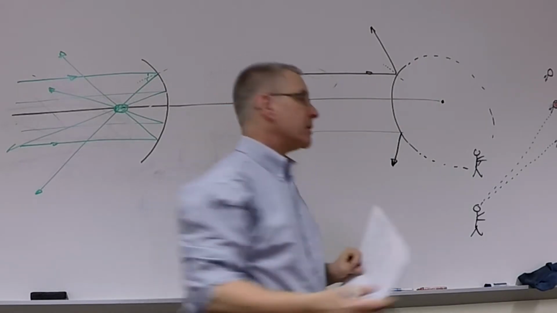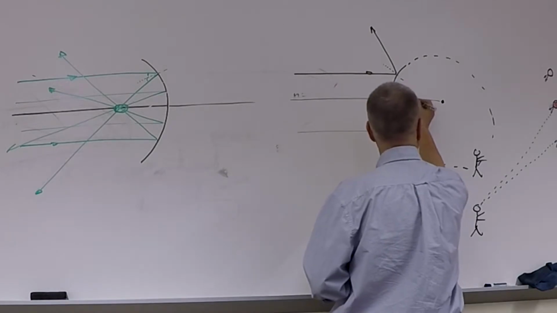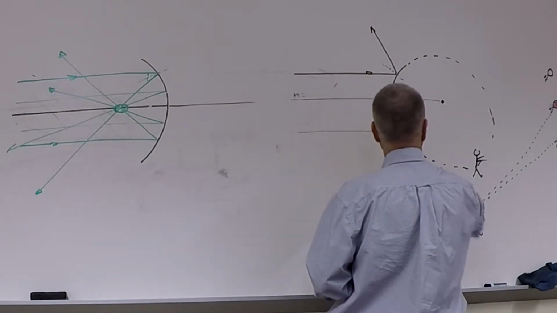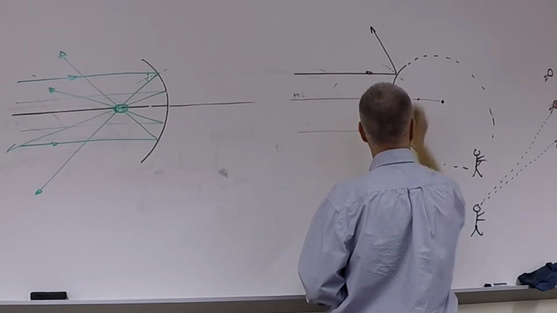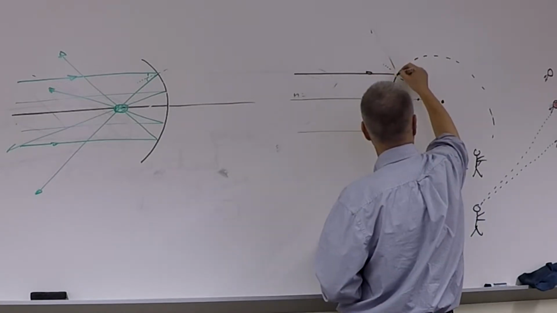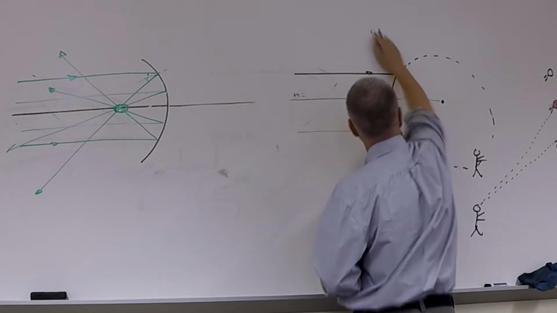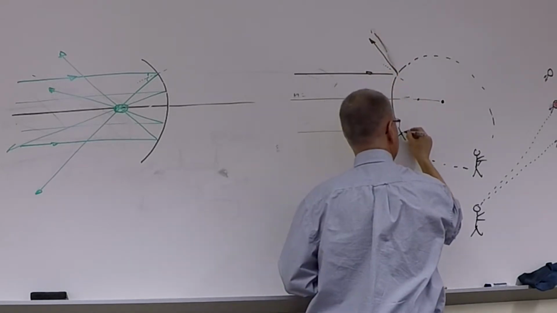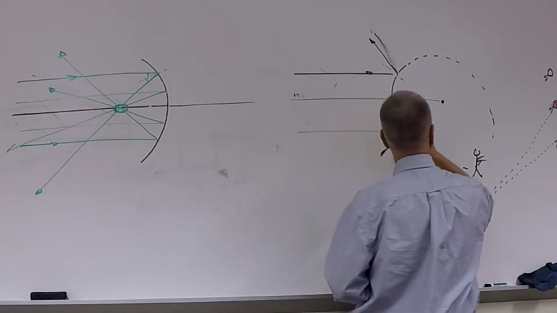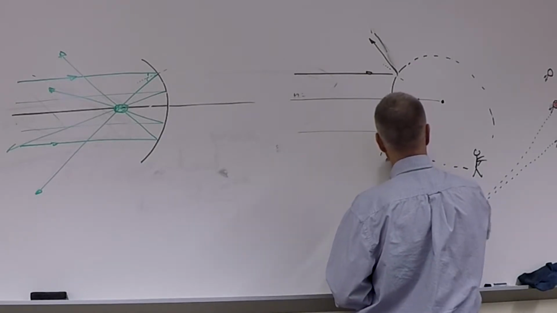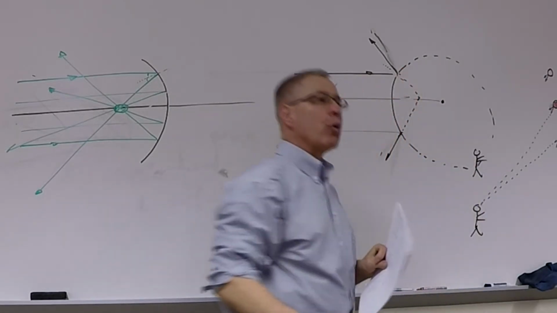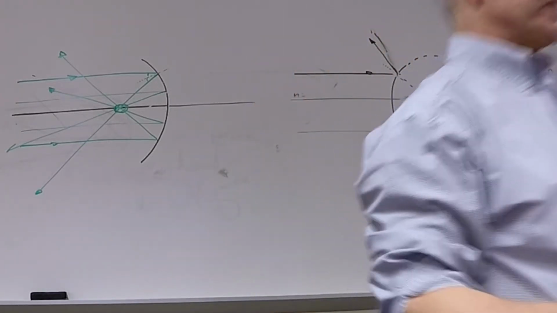Because notice, my picture didn't work quite right. Let me fix it. Notice that if I extrapolate my reflected rays, well, still missed a little. Notice they still will go towards a focal point. It's just the focal point's on the back side of the mirror.